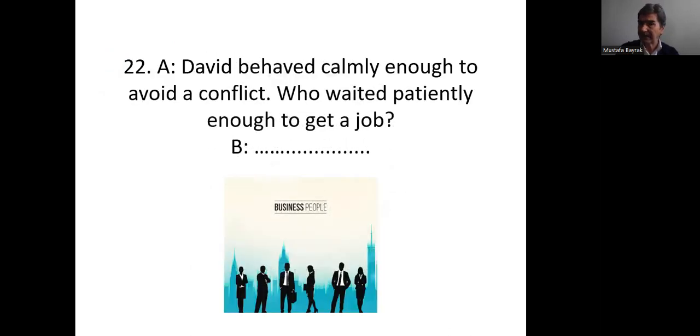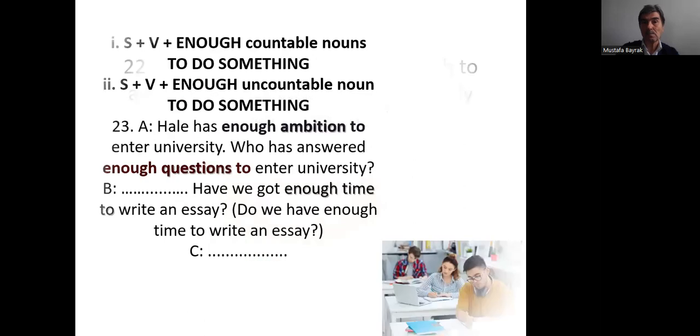22. David behaved calmly enough to avoid a conflict. Who waited patiently enough to get a job? Rasim waited patiently enough to get a job. Now, heading is after verb: enough countable nouns to do something. Again, enough countable nouns to do something.